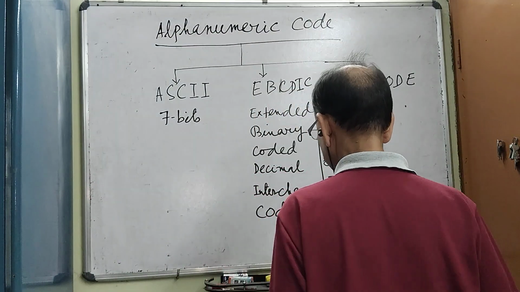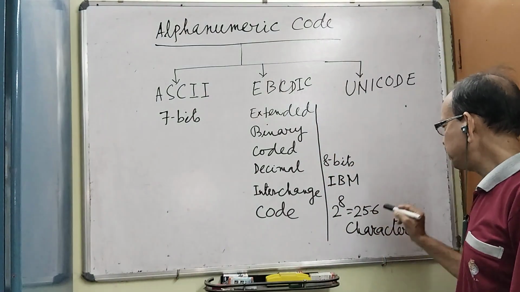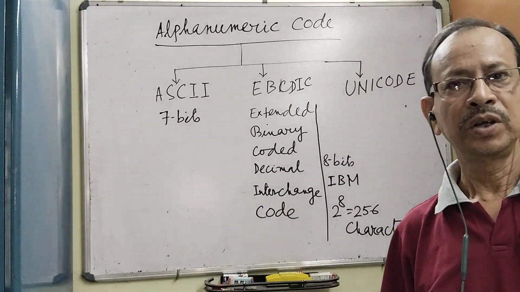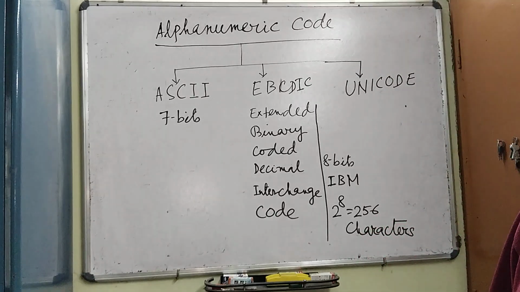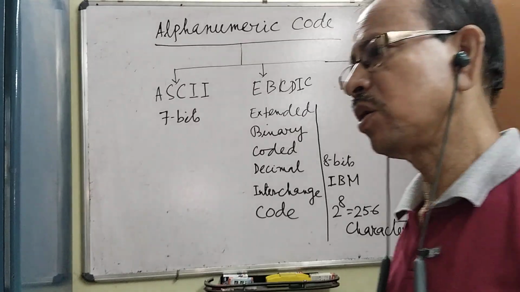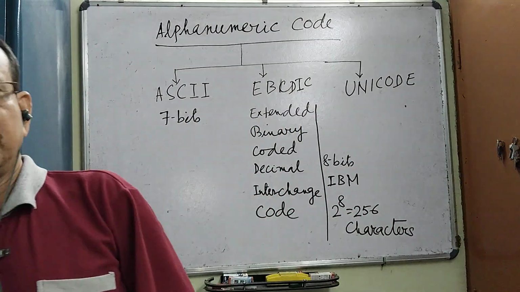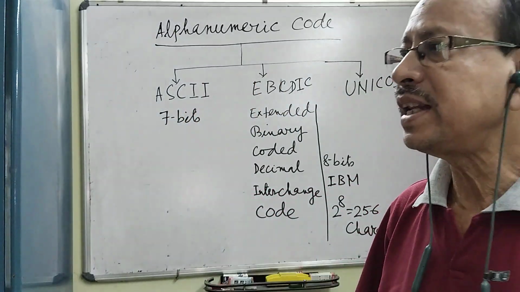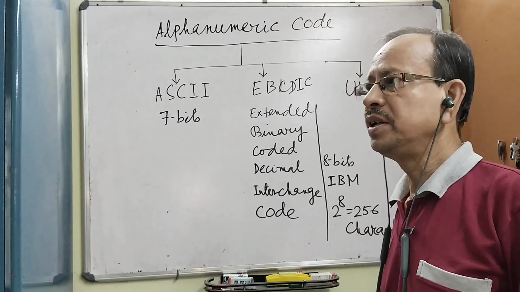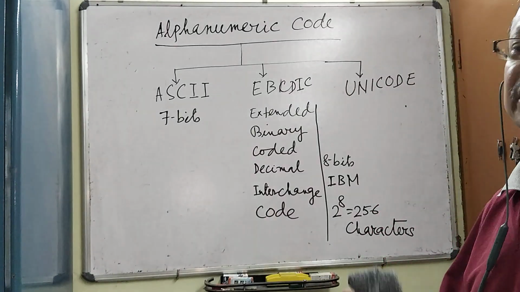Now, question is, with this 256 character, can we represent all the symbol of the world? No, because in different country, in case of India, there are so many languages. In different country, there are different languages and different script also.